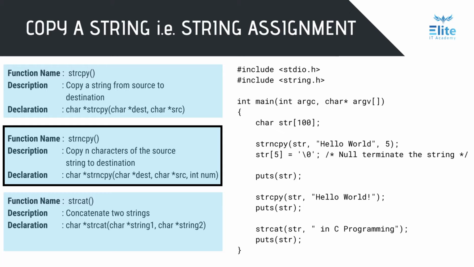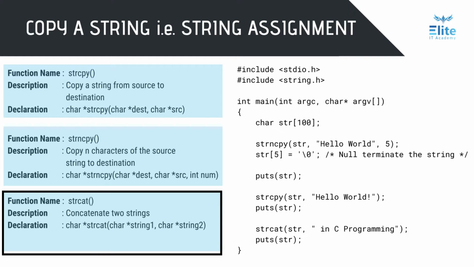The only difference is that it takes an additional argument which specifies the number of characters to copy from the source string. Note that if the source string is larger than the number of characters specified, then the destination string is not null terminated and must be null terminated after the function call as shown here.